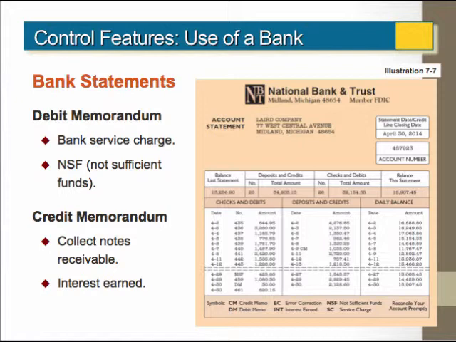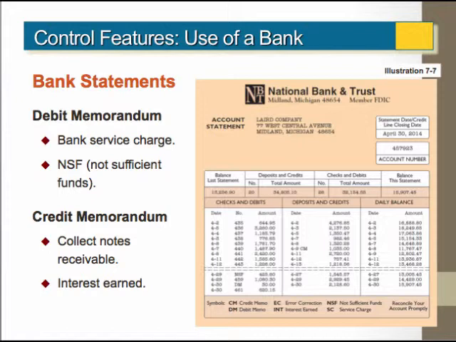So, if this is a liability, a credit memo would increase their liability. A debit memo would decrease the bank's liability. So when the bank charges a service charge to you, the customer, they are using your money in your account to pay off the bank's service charge.